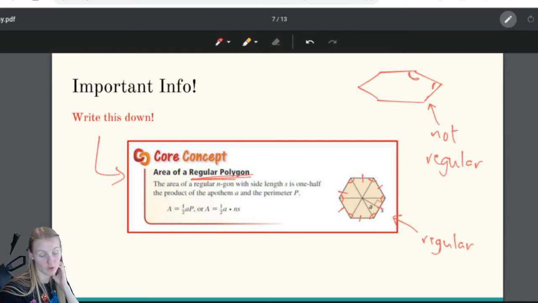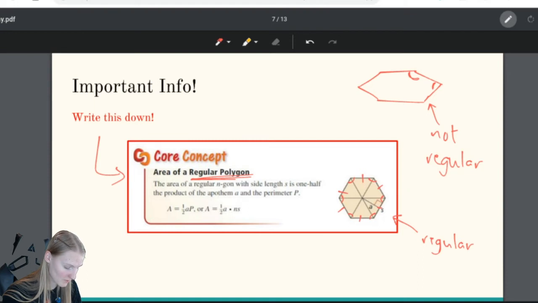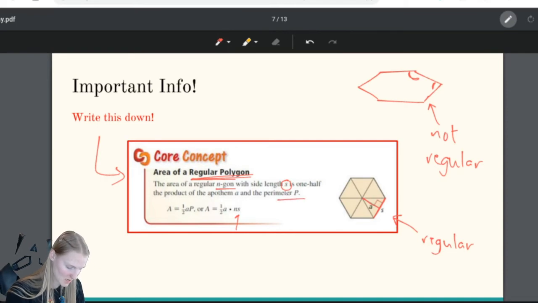So, when we are talking about the area of a regular polygon, the area of a regular n-gon with side length s, so that's what this s is right here, I'm gonna erase those markings. S is the side length here, is 1/2 the product of the apothem a and the perimeter P. That sounds very complicated.